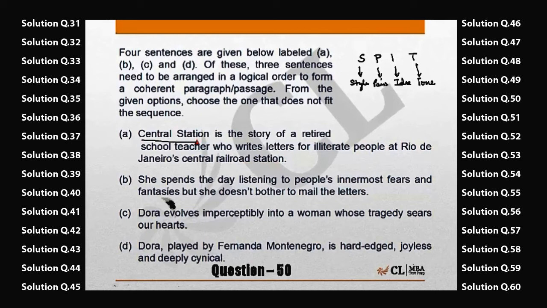So it talks about Central Station as a story of a retired school teacher. Let's look at B. She spends the day listening to the people's innermost fears and fantasies, but she doesn't bother to mail the letters. The ideas seem to be connected between A and B.